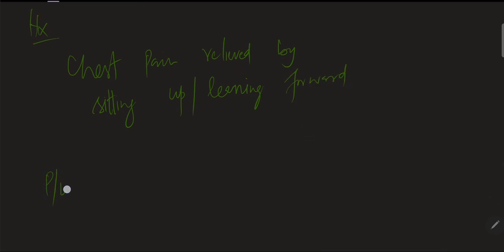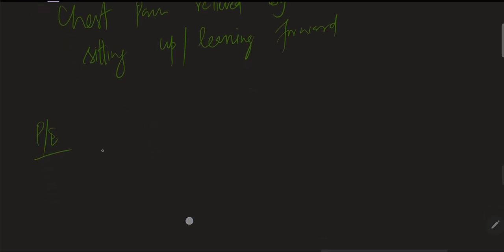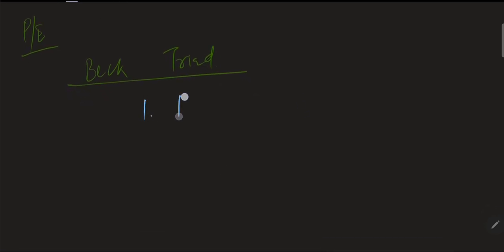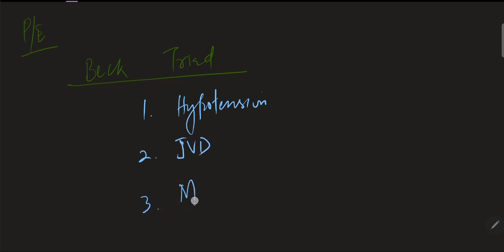Now on physical examination we can have what? Beck's triad. That is basically what? Hypotension, JVD, and muffled heart sounds.